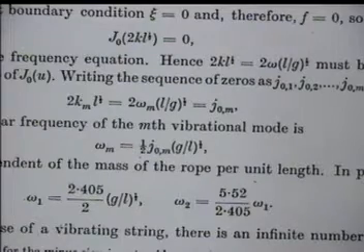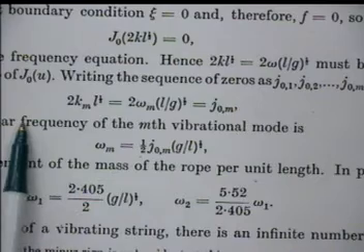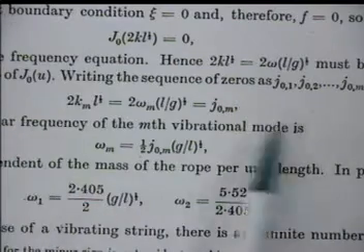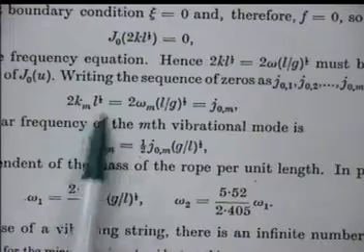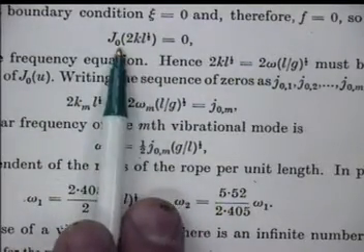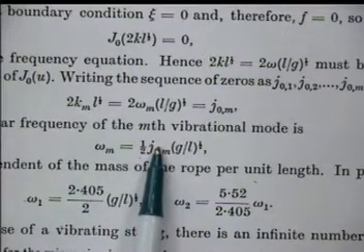So what we'll have is a series of zeros that give us solutions for this equation at this point.